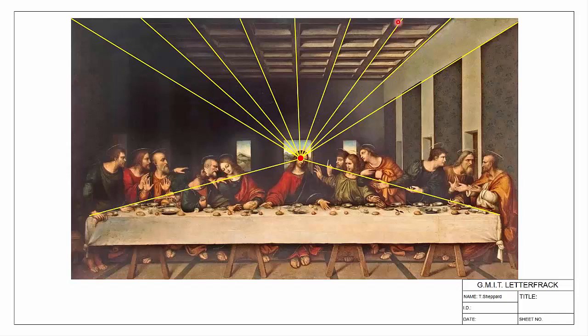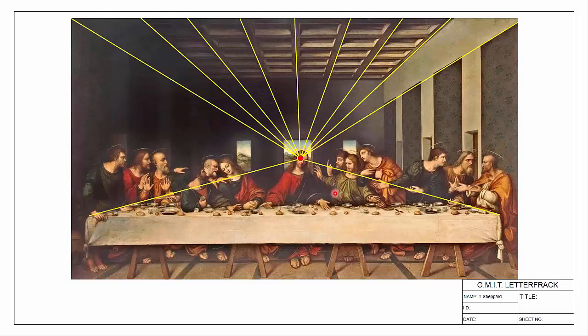And in this case he cleverly used it because all the lines go back to the center of the image and over the image of Christ. So he's really trying to draw our attention back to the central focus of the painting itself. That's one of the most famous examples of what's known as one-point perspective, because all our lines come back to one single point, one single focus.